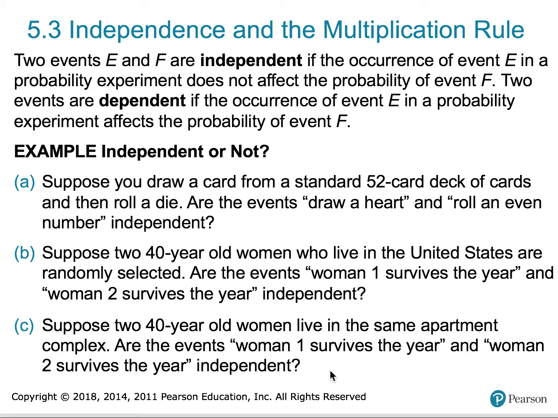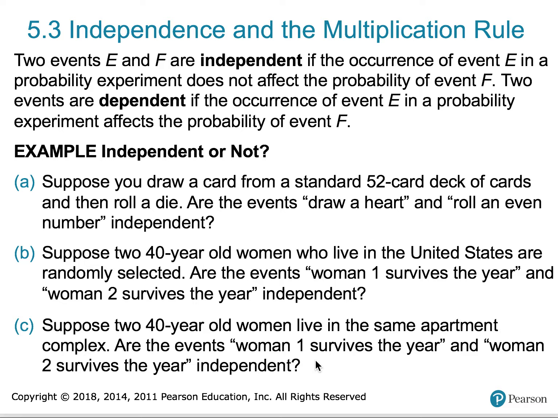So caution, be careful. Disjoint events and independent events are different concepts. Okay, two events are disjoint if they have no outcomes in common. That is, if knowing one of the events occurs, then we know the other event did not occur, right? Because they have nothing in common.